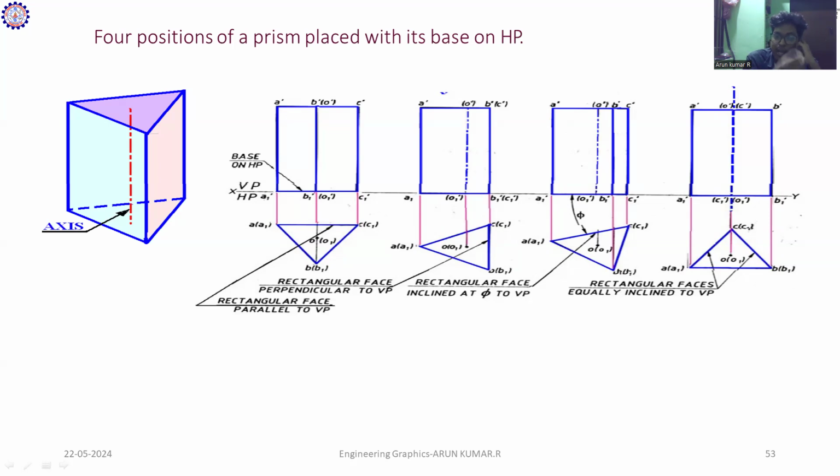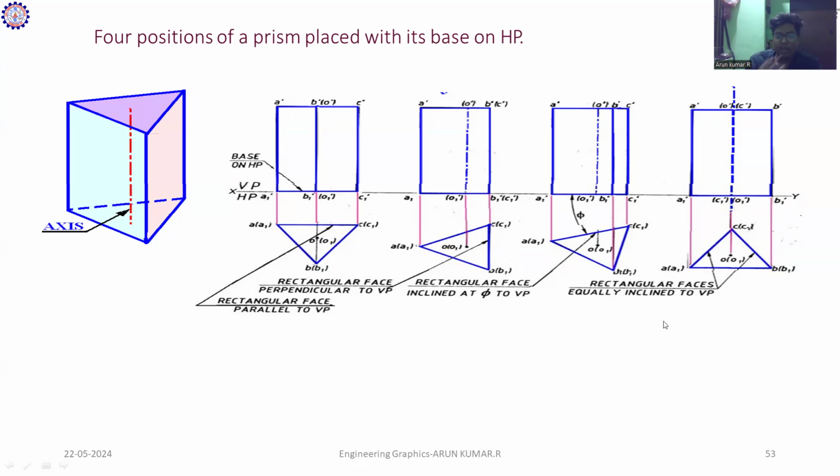So how do we construct this diagram? In the first case, the triangular face is parallel to HP, and the rectangular face is parallel to VP.